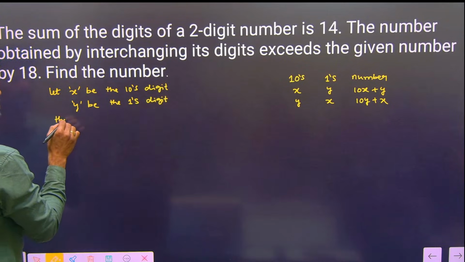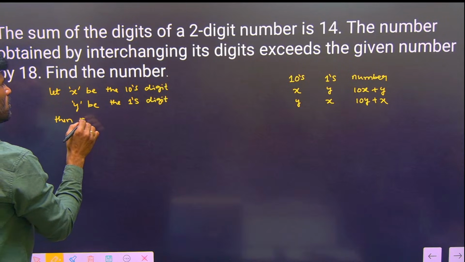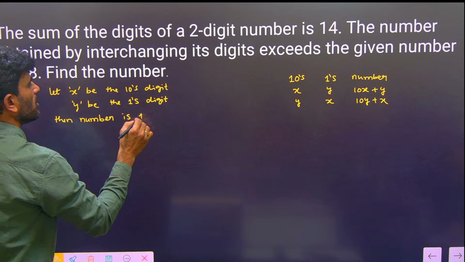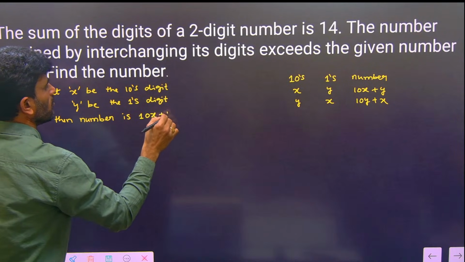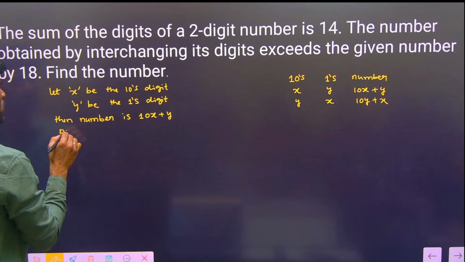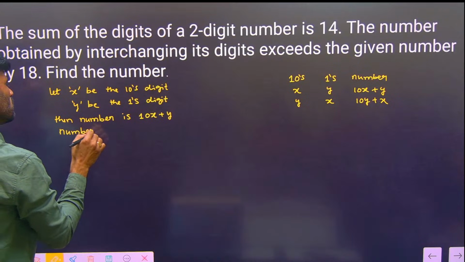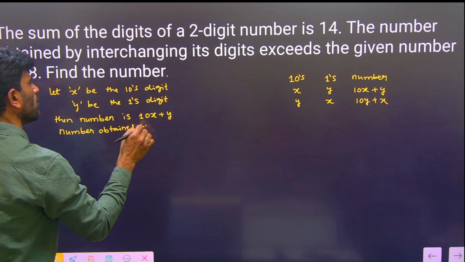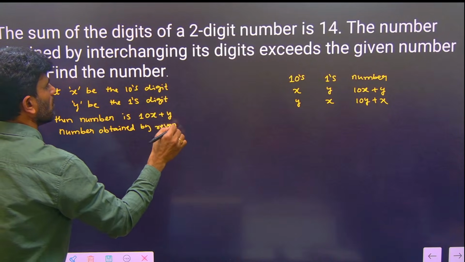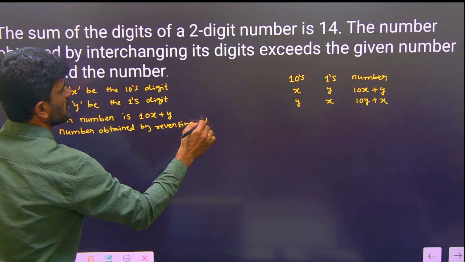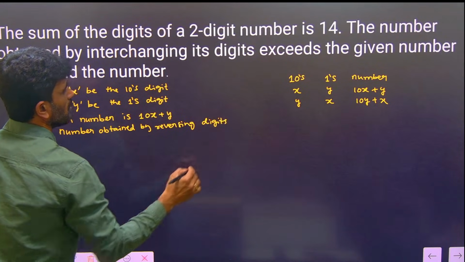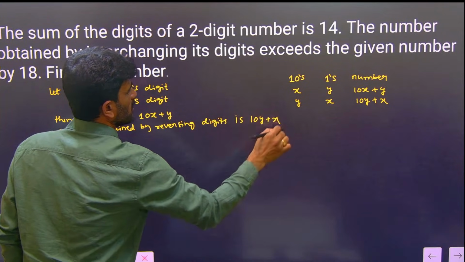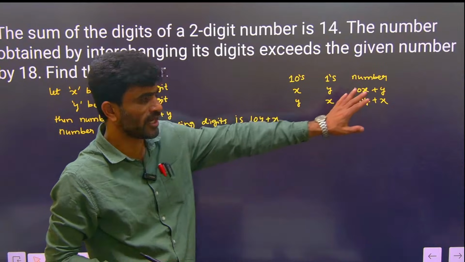Then the number is 10x plus y. The number obtained by reversing the digits is 10y plus x.